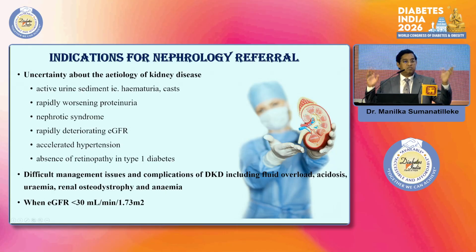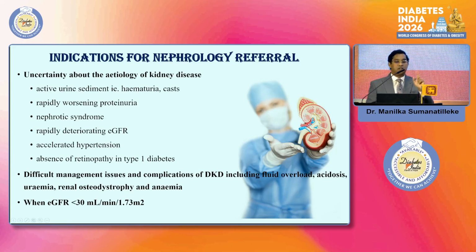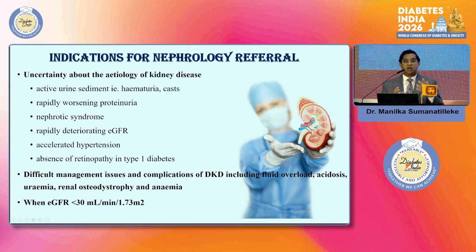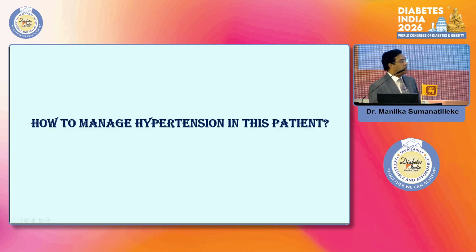There are nomograms which we can follow, and absence of retinopathy in type 1 patients, not type 2, not always related, but in type 1 patients, think of other primary renal causes which are causing the problem, then you should refer. And generally, when the GFR drops to less than 30, I usually get a nephrology colleague to review the patients and give their opinion as well.